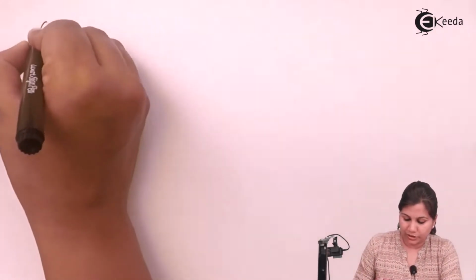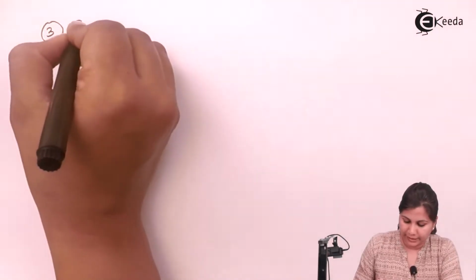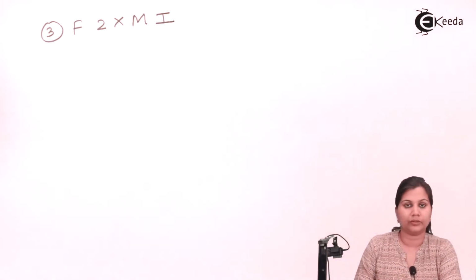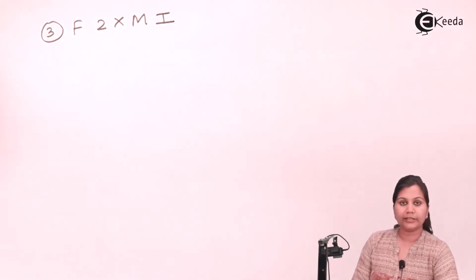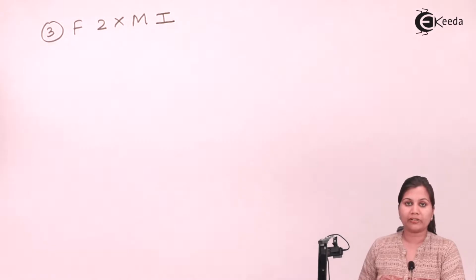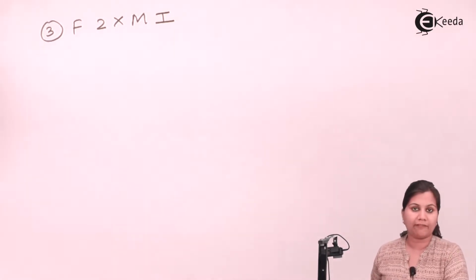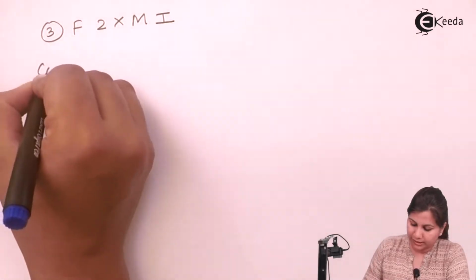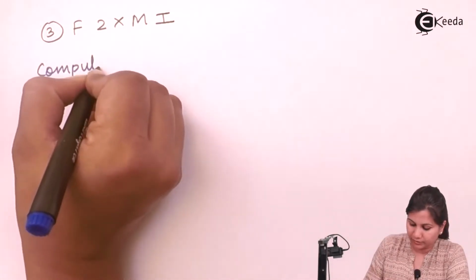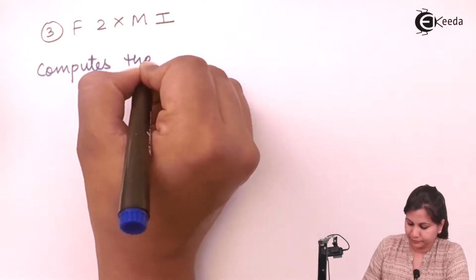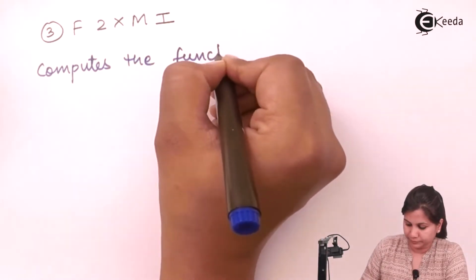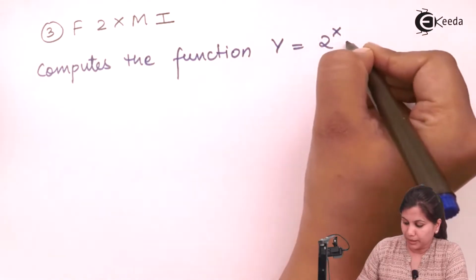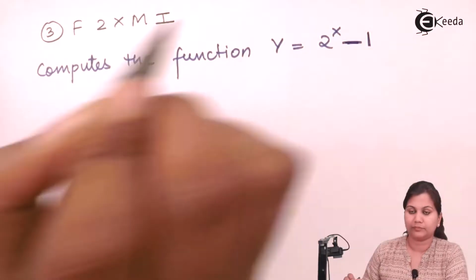Now the next instruction is F2XM1. Okay. The earlier two instructions were the trigonometric instructions. Now we have the exponential instruction. What this instruction does is compute the function y equals 2 raised to the power x minus 1.